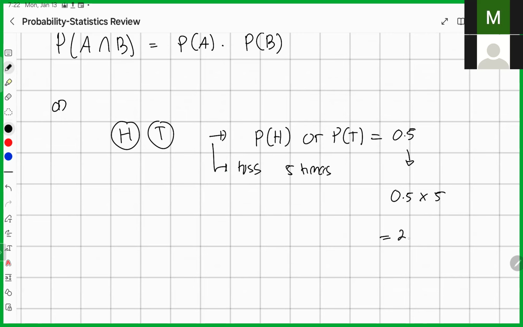Why? Because if you toss the coin, the result after you toss it doesn't affect the result of the coin when you toss it again. So that's what is called independence. And the way we measure the probability is by simply multiplying it, and then you will get the result.